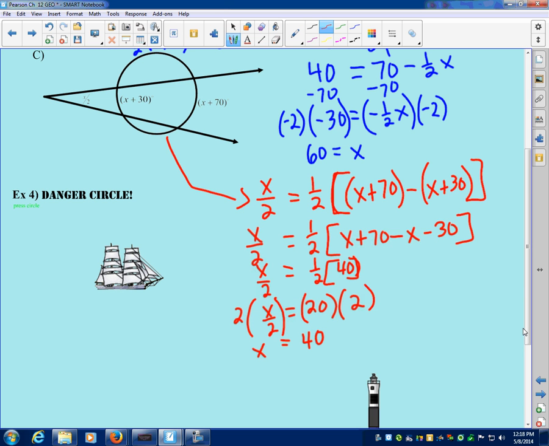This 1/2 I already applied to get the 20. As a matter of fact, this negative 1/2 x is the same as negative x over 2. You can write it that way.